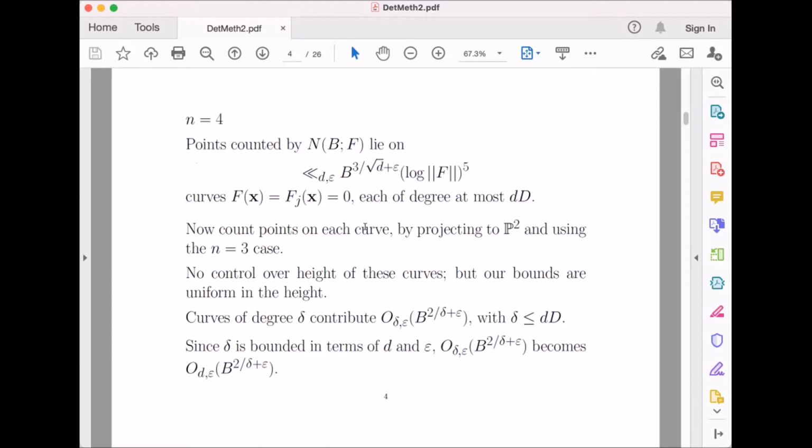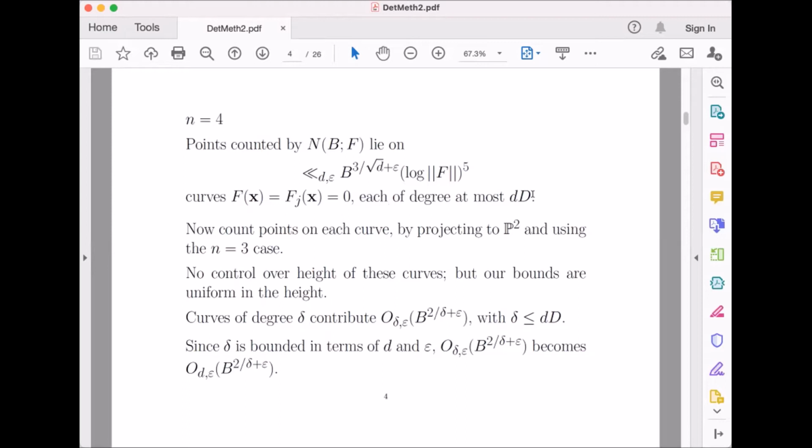Now, I need to emphasize that the theorem doesn't tell us anything about the size of the coefficients of fj, so we don't know anything about the height of the curve, just how complicated it is. All we know is that its degree is bounded. So it is important that any theorem that we use to count the points on each of these curves only depends on the degree and not on which curve we're talking about.